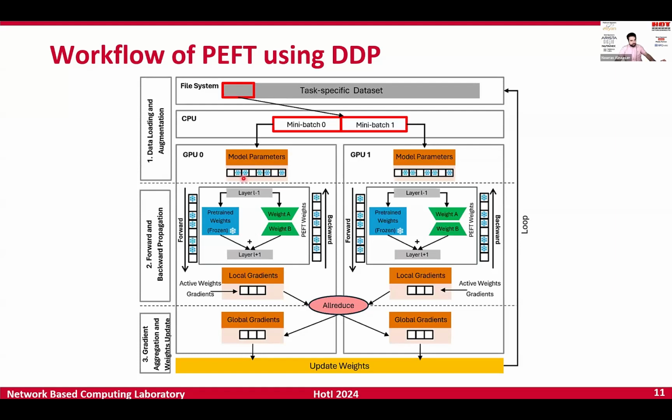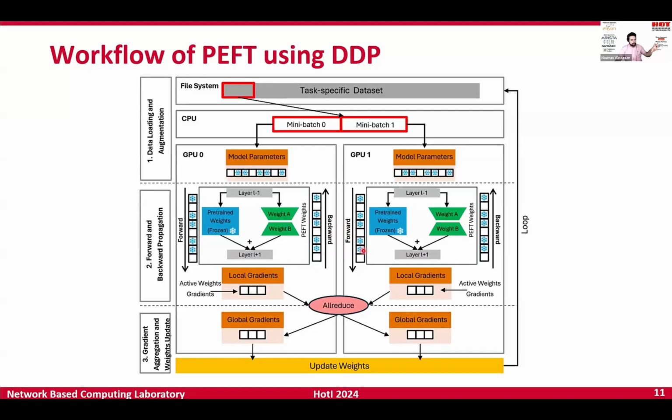So the majority are frozen, and only the LoRA weights are active. For the forward pass, we use all of the weights, both frozen and active. Based on that, we calculate the loss or the error. And in the backward pass, we calculate the gradients, but the gradients that we care about are only the ones for the active weights.